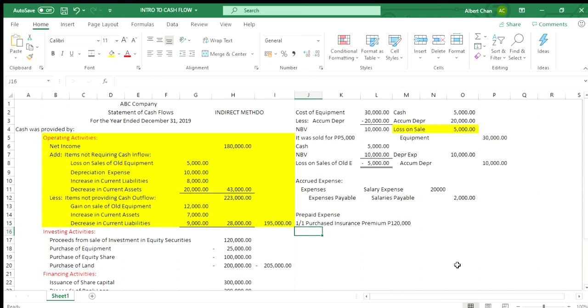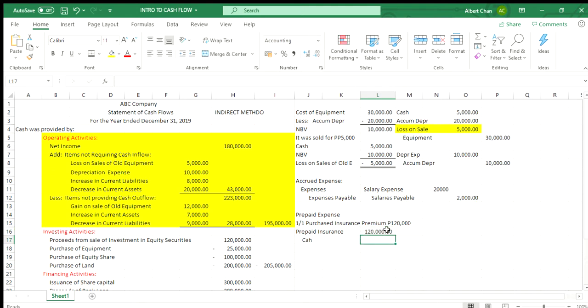So your entry is debit prepaid insurance and credit cash, assuming that is 120,000 and you use the asset method.